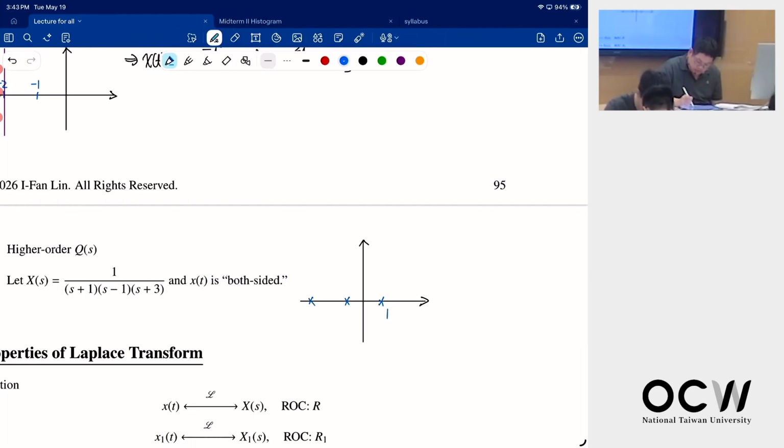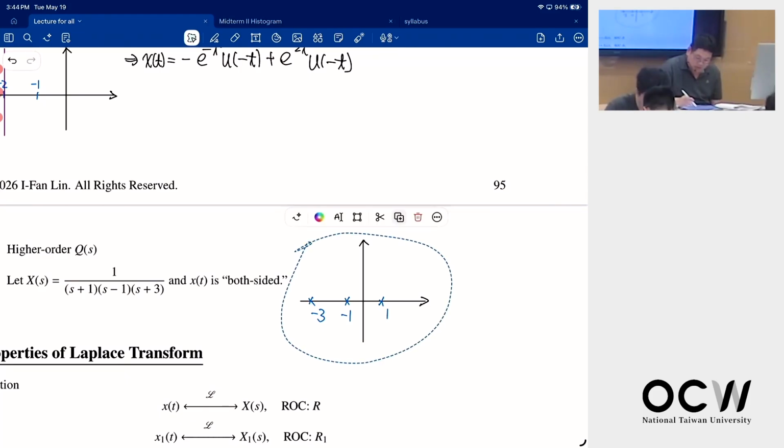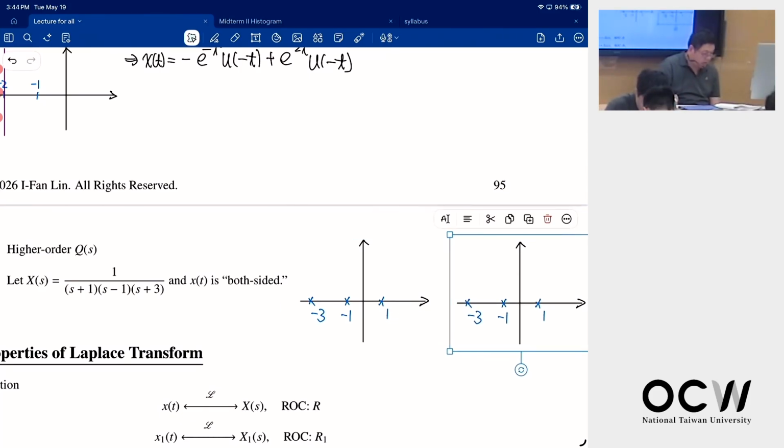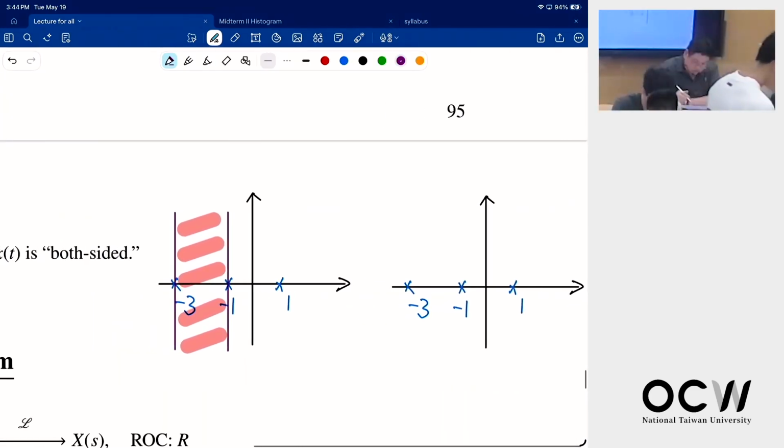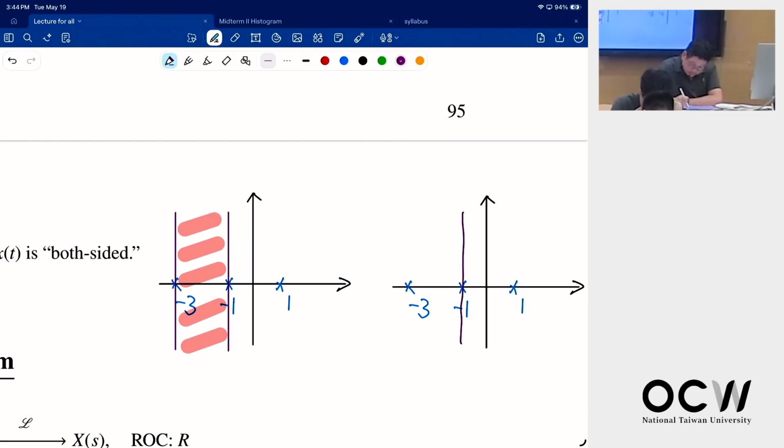So 1, minus 1, and minus 3. Okay, so x is both-sided. So the region of convergence could be here. Pole is not included. Or between minus 1 and 1.